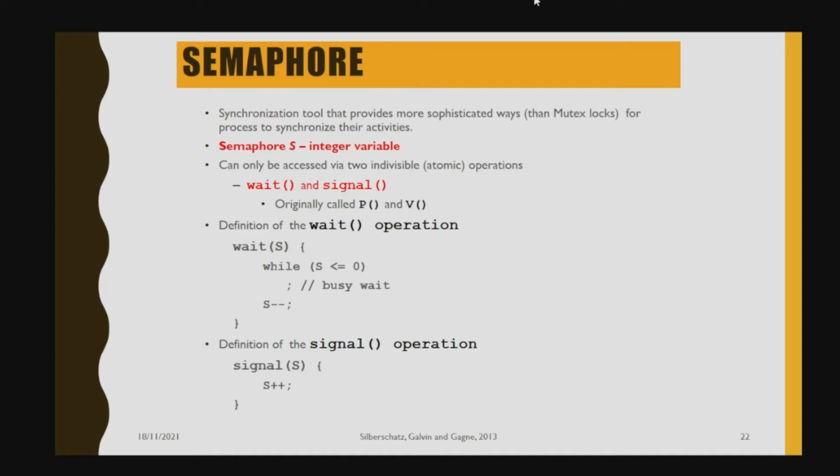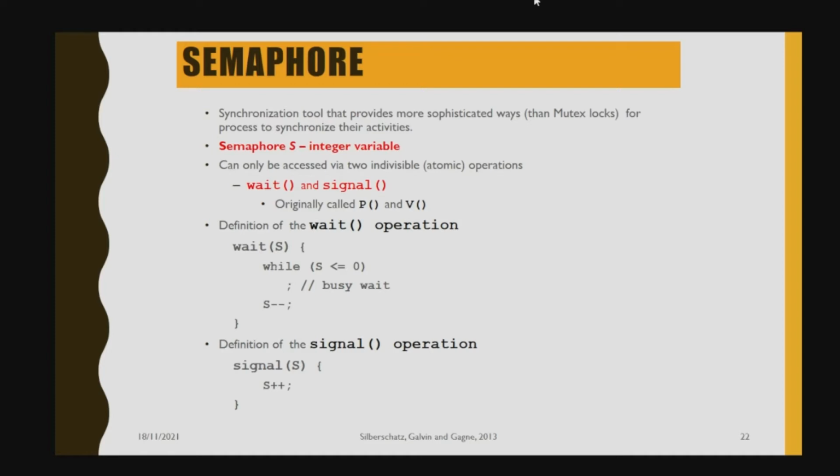It can only be accessed via two indivisible operations, which refer to atomic operations, using the functions wait and signal. So we have the function wait and the function signal, originally called P and V.